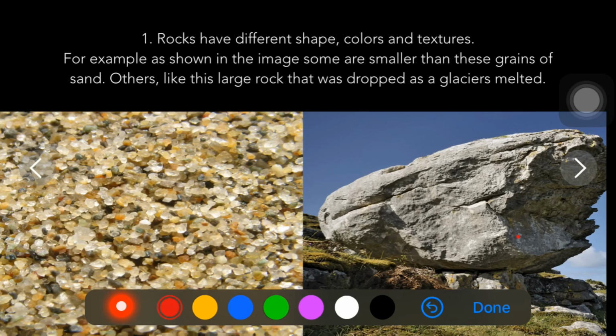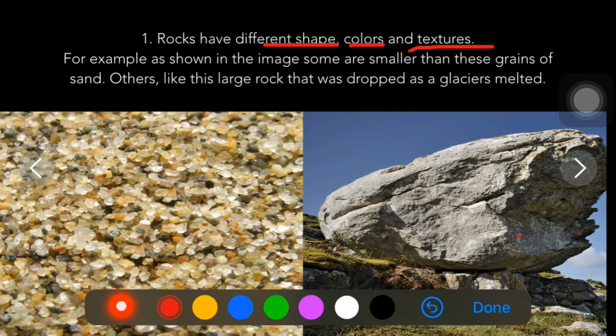The types of rock we will discuss later, but right now we need to know the basic features of rocks. First and foremost feature is rocks have different shapes, colors and textures. That's true. If you observe some examples, you will easily identify how they differ in shape, texture and color.